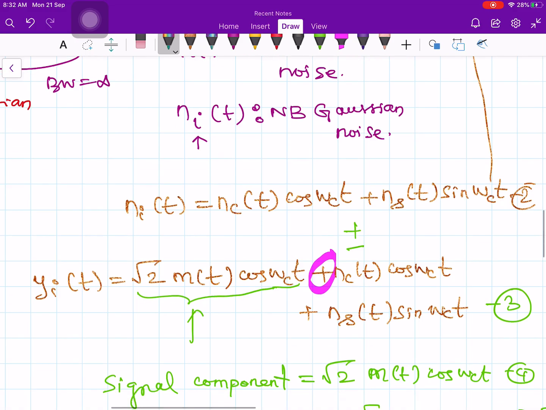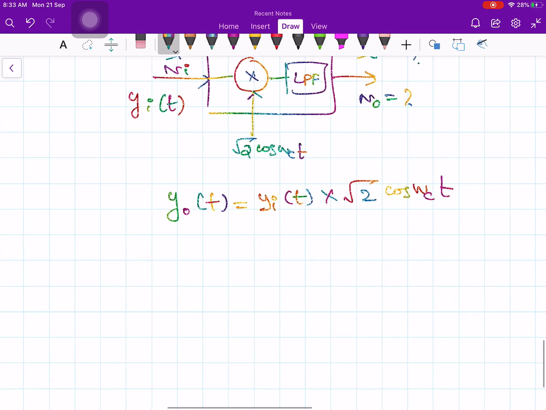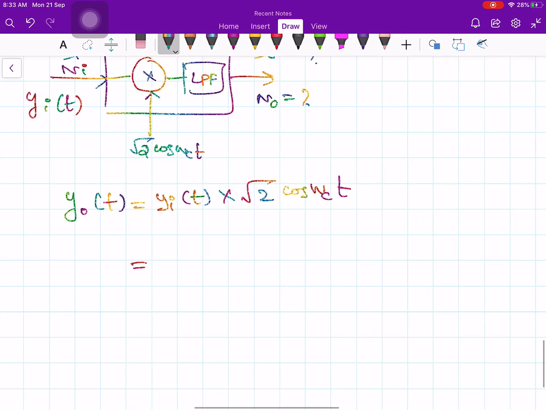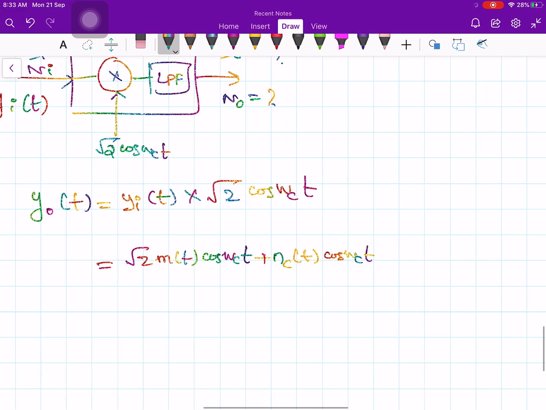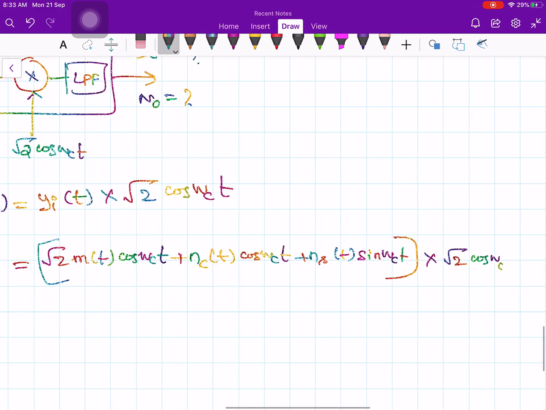So we multiply term by term with root 2 cos omega ct. This I can say is root 2 m of t cos omega ct plus nc of t cos omega ct plus ns of t sin omega ct, multiplied by root 2 cos omega ct.